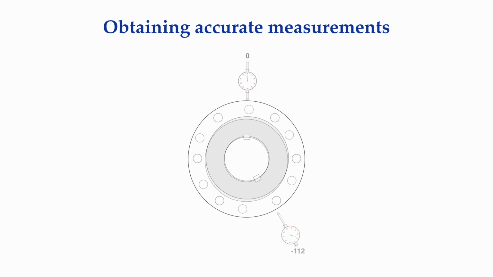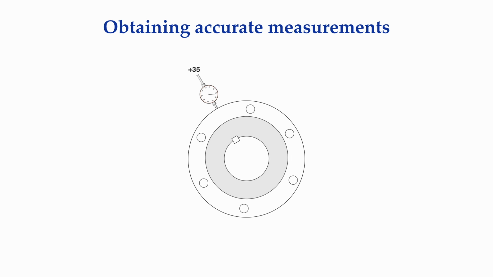The same is true if the needle is rotating clockwise. If we start back up at the 12 o'clock position and rotate the other way, notice that as rotation starts, the needle now sweeps in the clockwise direction to a plus 35, then to a plus 62, and as rotation continues, the needle stops sweeping and we have bottomed the stem out to the point where it can't get pushed in anymore.